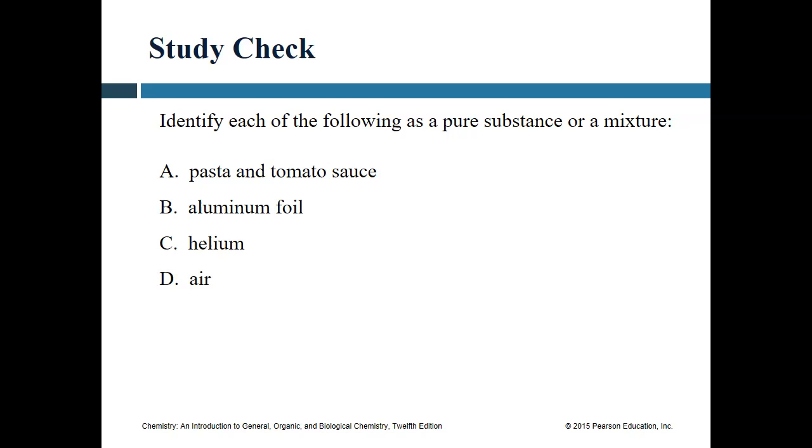All right, so based on that, let's quickly go through a couple of study questions and make sure that we're on the same page here. If I have pasta and tomato sauce, would that be a pure substance or a mixture? Definitely a mixture, and a heterogeneous one at that. Aluminum foil.